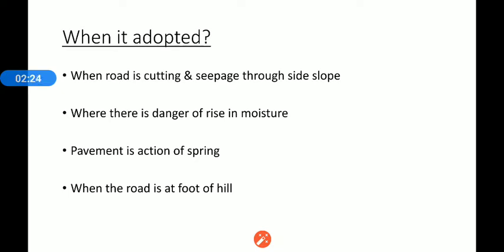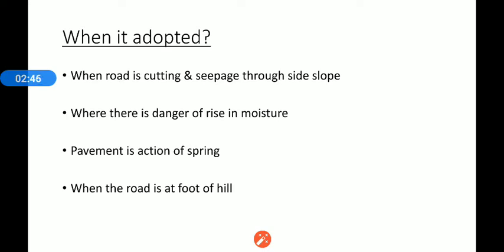Third, when the pavement structure is subjected to the action of springs, where a spring forms in the pavement. And last, when the road is at the foot of a hill and water may seep into the road subgrade.